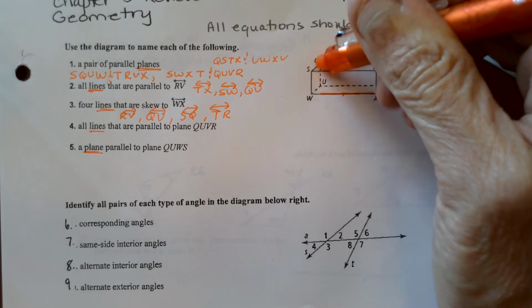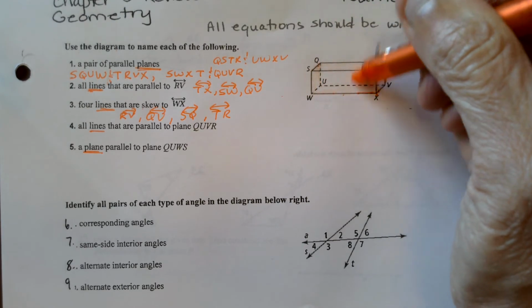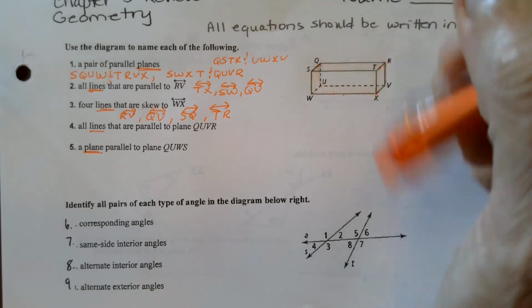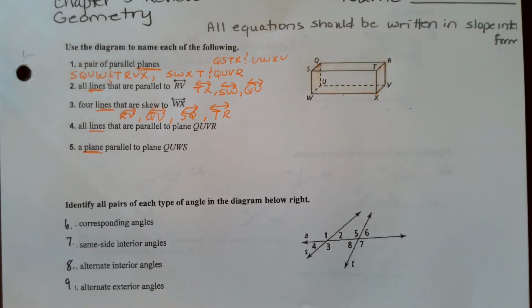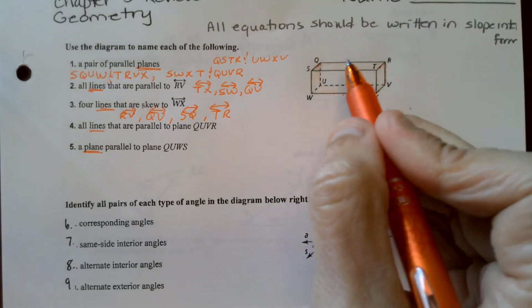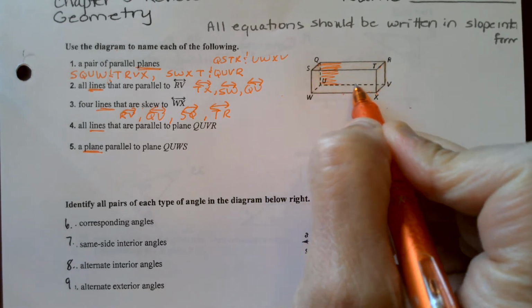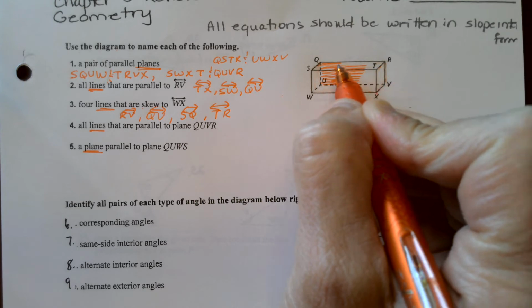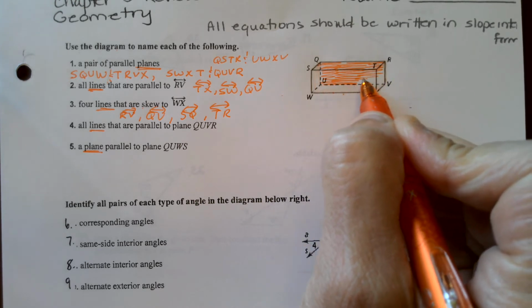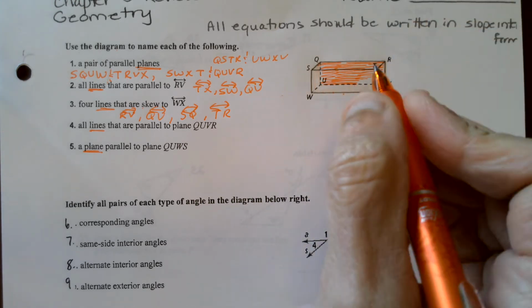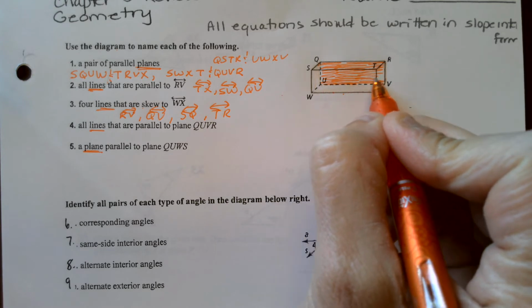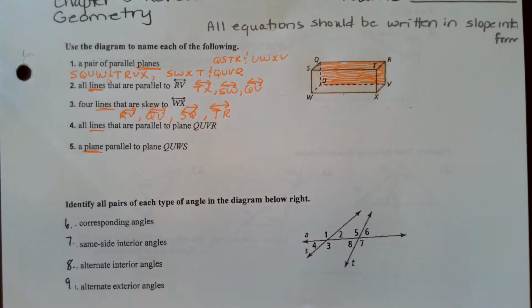All right, now I need all lines that are parallel to plane QUVR. QUVR, so the back here, so I'm just going to get it so it jumps out at me. All right, now I need all lines parallel to that.